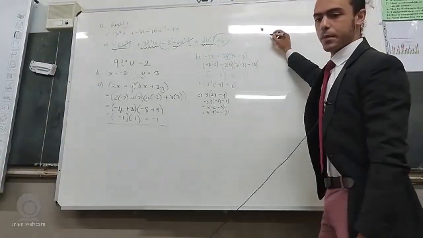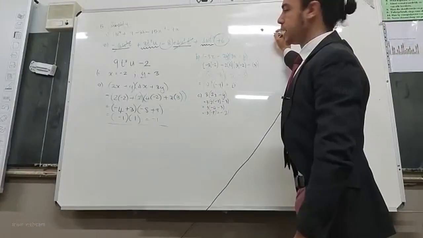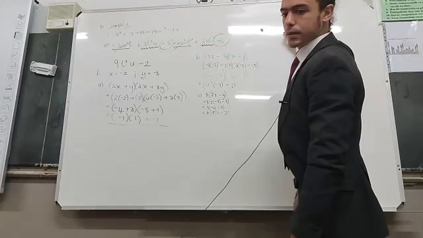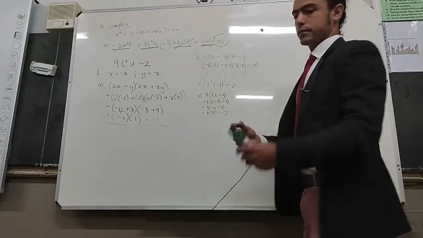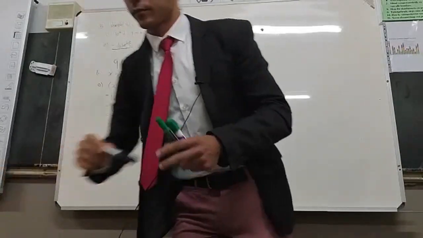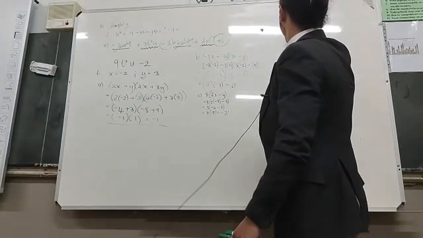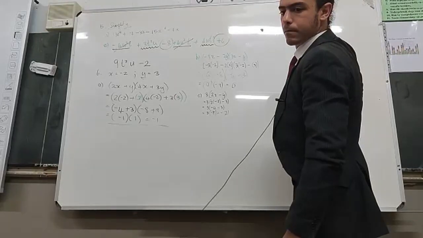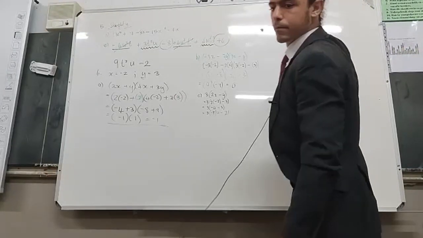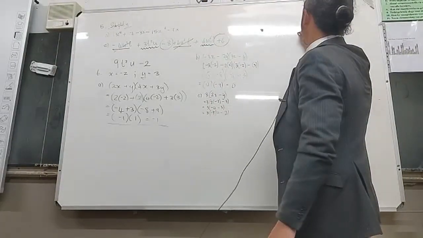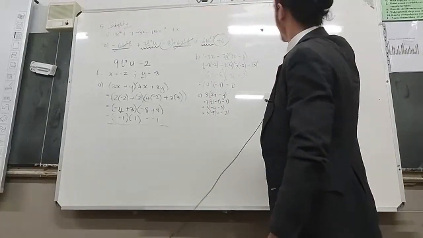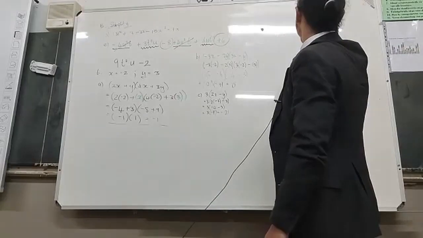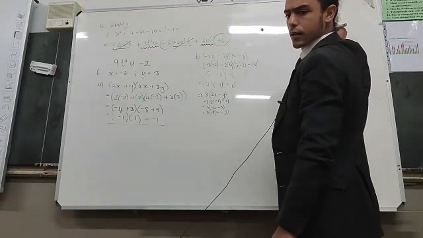Alright, moving on to question number D. At D here, we have 3x cubed, and then there's another x times x plus 7xy squared plus x.